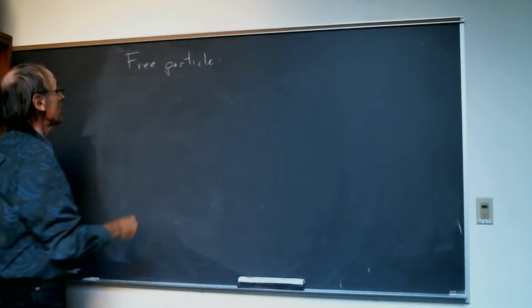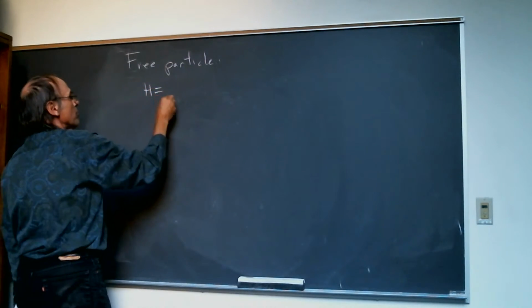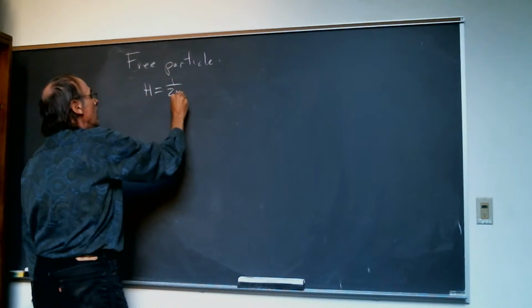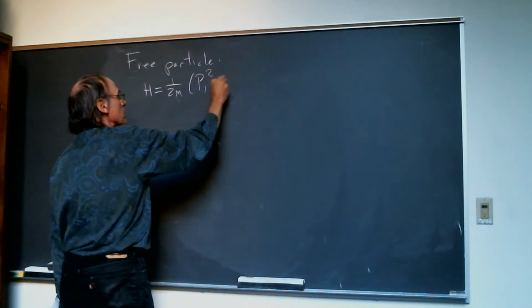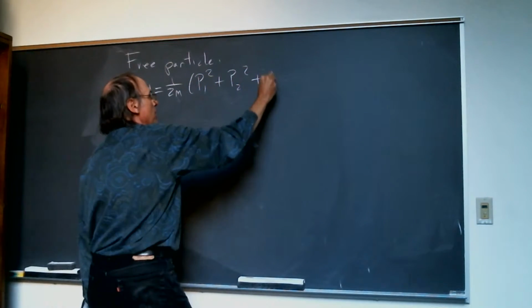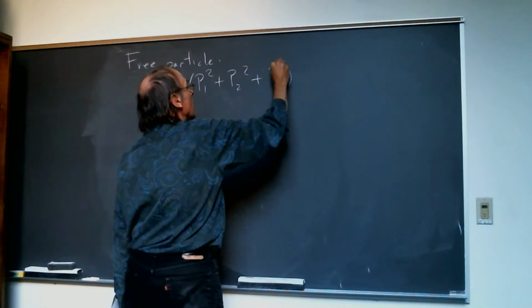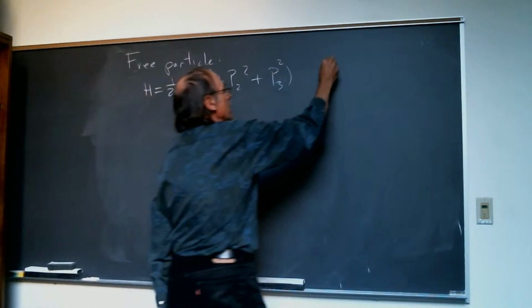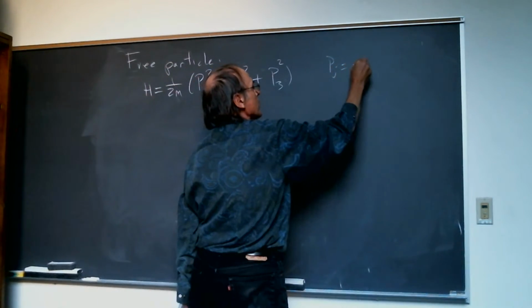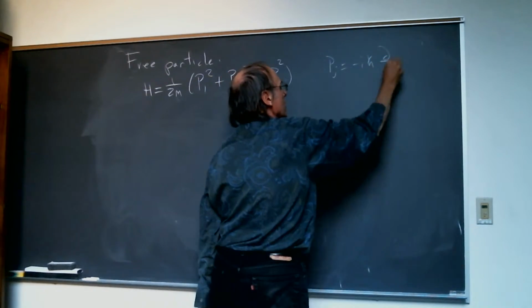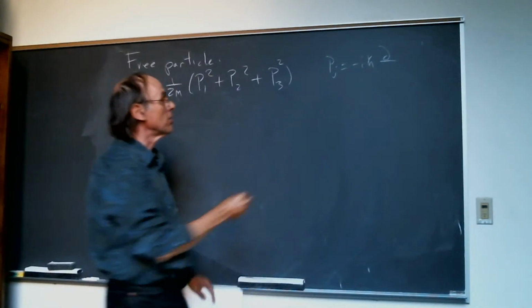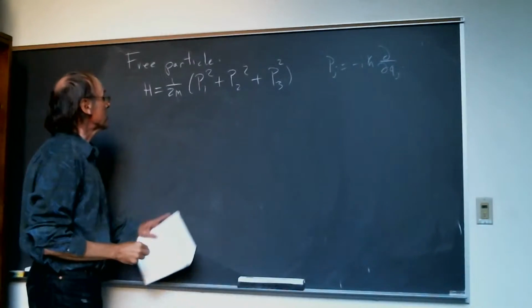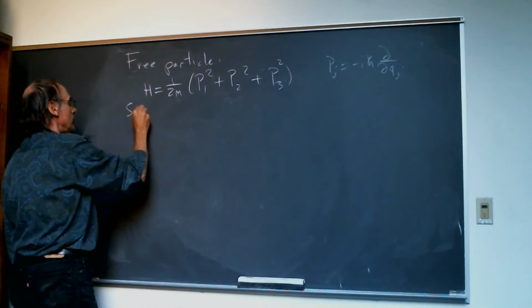H is equal to 1 over 2m times P1 squared plus P2 squared plus P3 squared, and Pj is minus i h bar d/dQj.